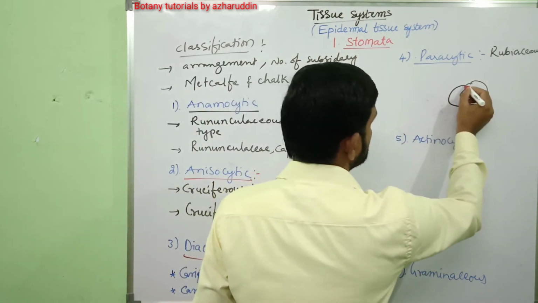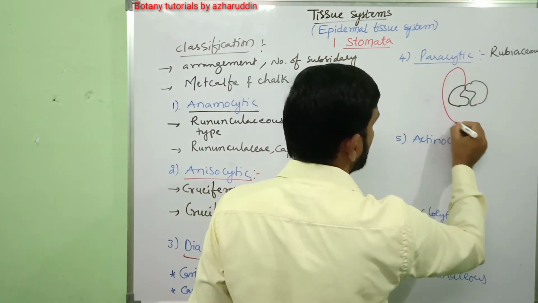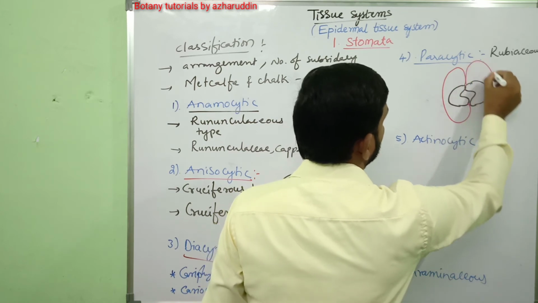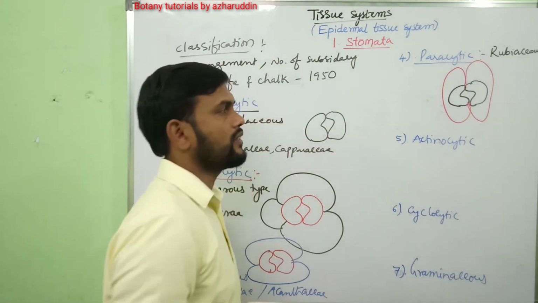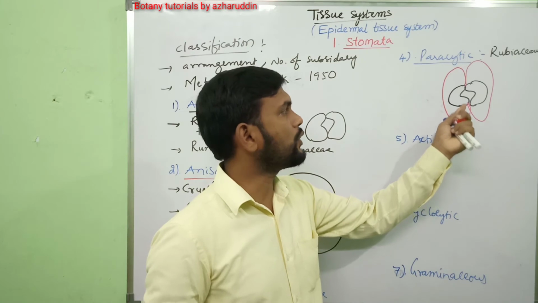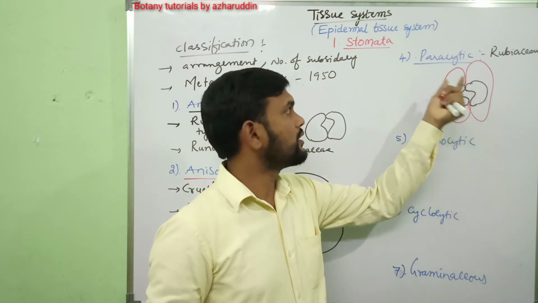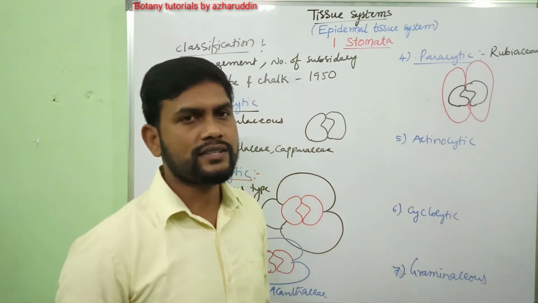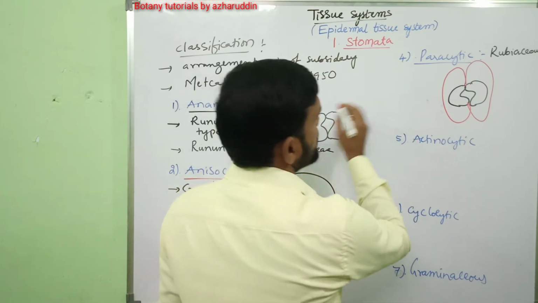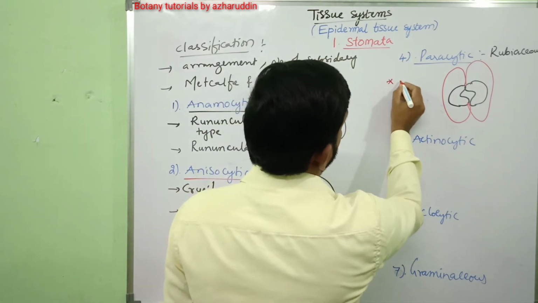These 2 specialized subsidiary cells are parallel to the walls of guard cells. Their common walls are parallel to the guard cells. Such stomata are called paracytic stomata. Example, Rubiaceae.